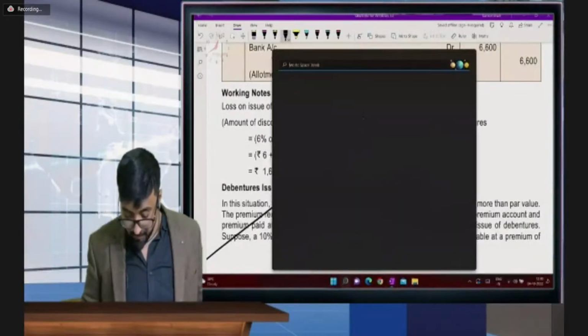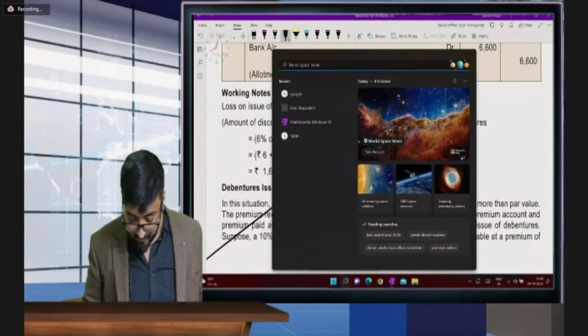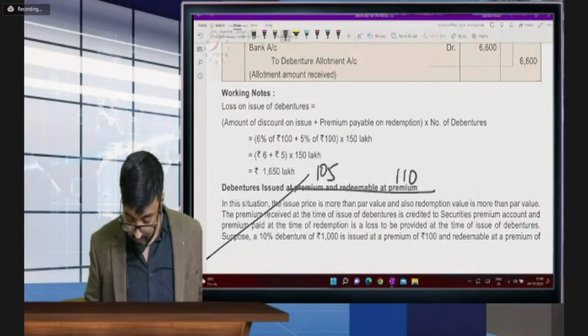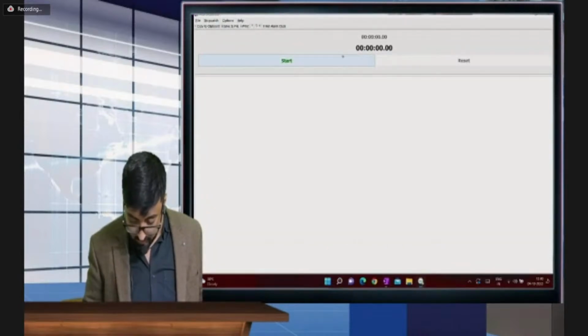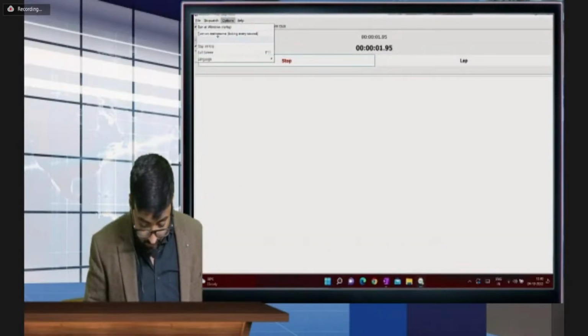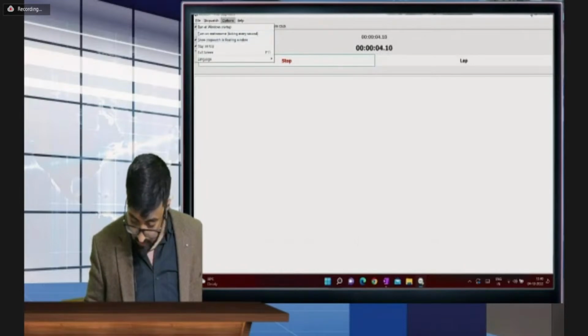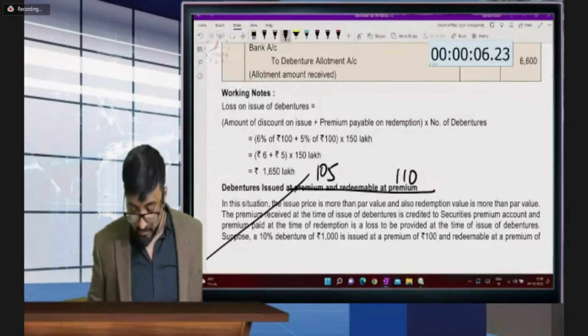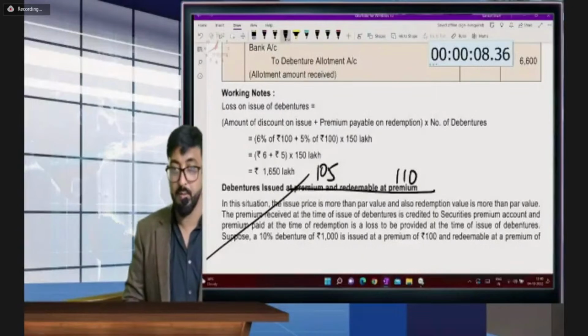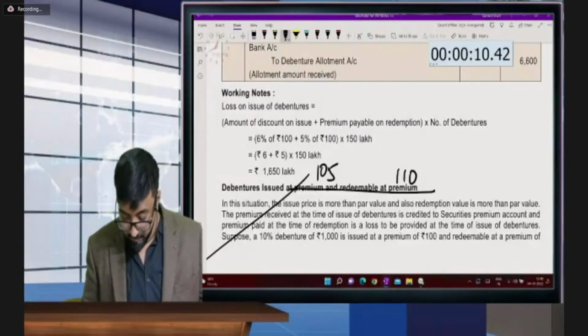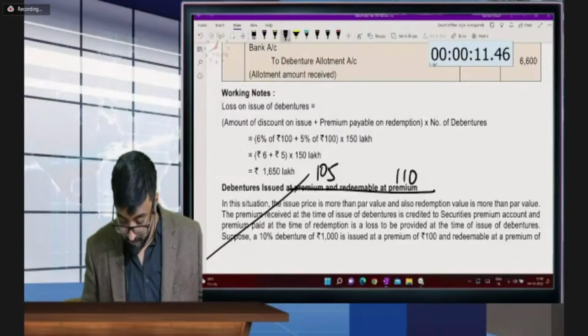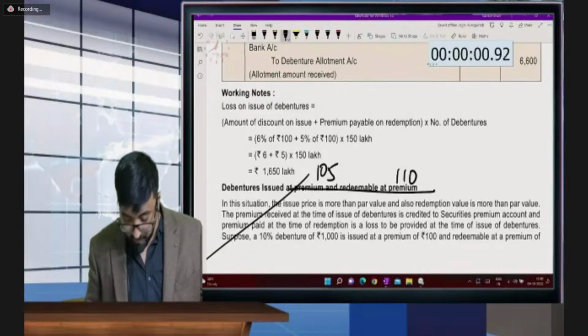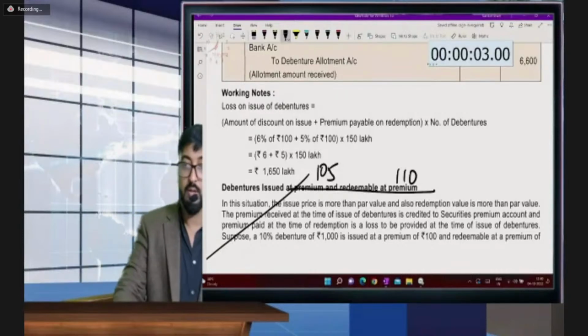Type it. 3 minutes का time है आपके पास. चलो फास्ट.